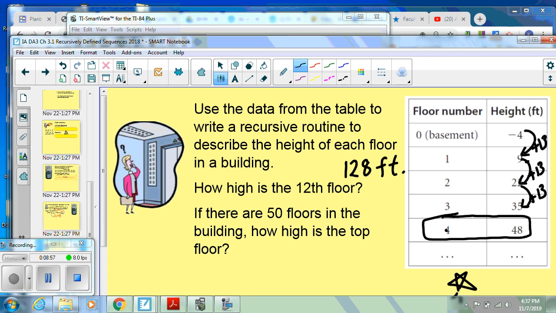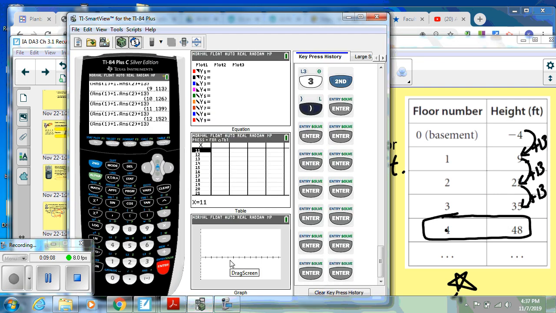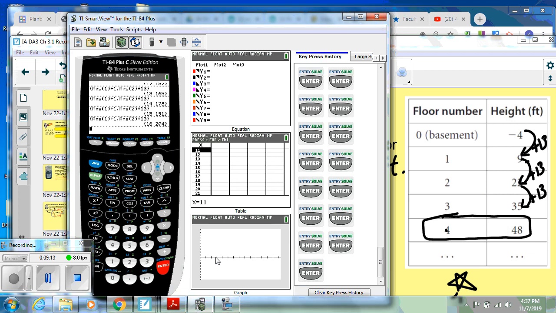If there are 50 floors in the building, how high is that top floor? How high is that 50th floor? So when I go back to my calculator, I want to hit enter until I find the 50th floor. Again, I'm not going to sit here and hit enter forever. You can hit enter until this value right here is 50, and you can see then what the 50th floor would be.